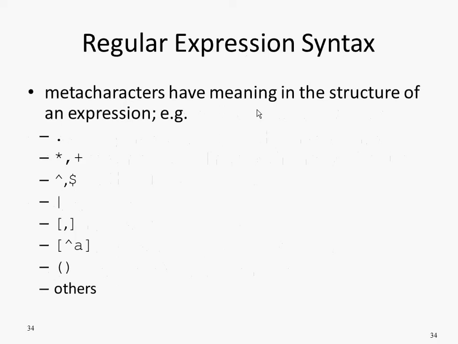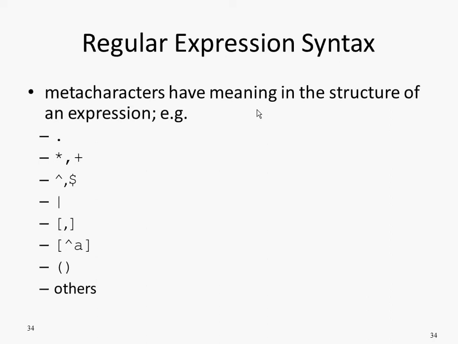How about when you put something in between these square brackets? Any of the things that are in there. So if I say match, for example, [AB] followed by star, what am I really saying?